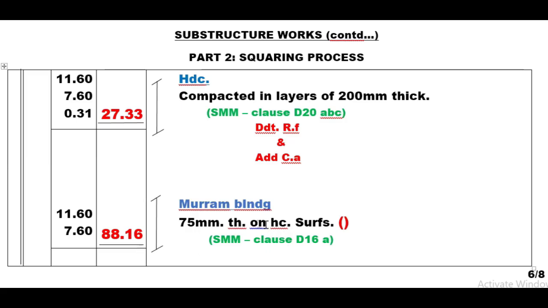So if I have to get further the volume of this maram blinding, I turn this 75 millimeters into meters. That is going to be 0.075. And if I multiply those values, I'm getting 6.612 as the volume of the maram that I should be using to do the blinding.